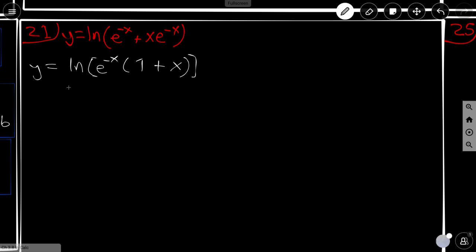And then I'm going to go ahead and differentiate this. Well, no, because we have that ln rule, where if they're multiplying, then you can, I'll just write it out.